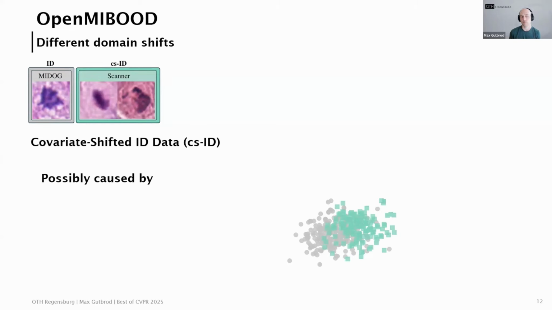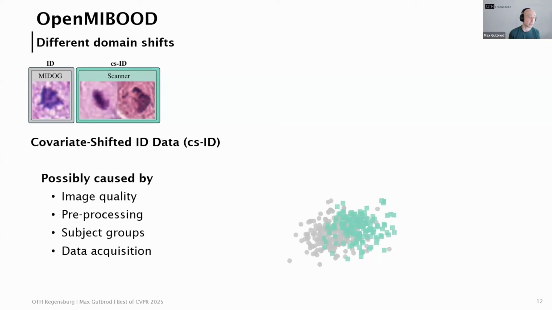And this can possibly be caused by image quality issues, or if the image is corrupted in some way, or if the images are preprocessed differently, if the images stem from different subject groups, or as in our case, it can stem from a different acquisition device or scanner.